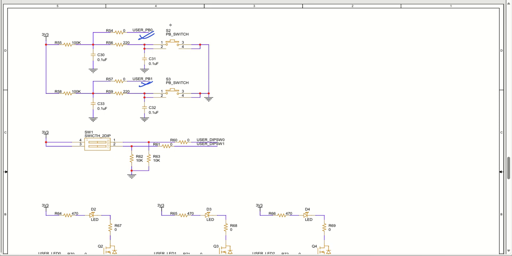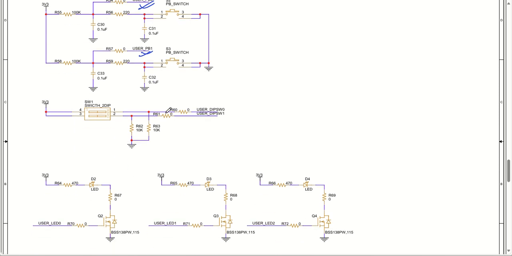Whenever the push button is pressed, my microcontroller sees a low signal, and when it is not pressed, it is connected directly to the 3.3 volt power supply, so it sees a high. So not pressed means high, and pressed means low. Similar to that, user PB1 works the same way.